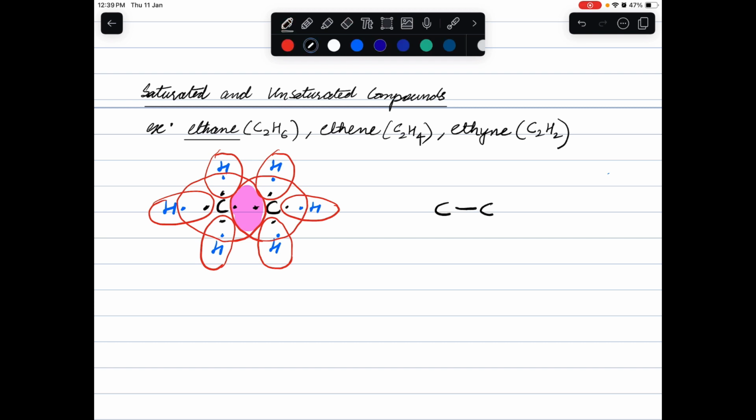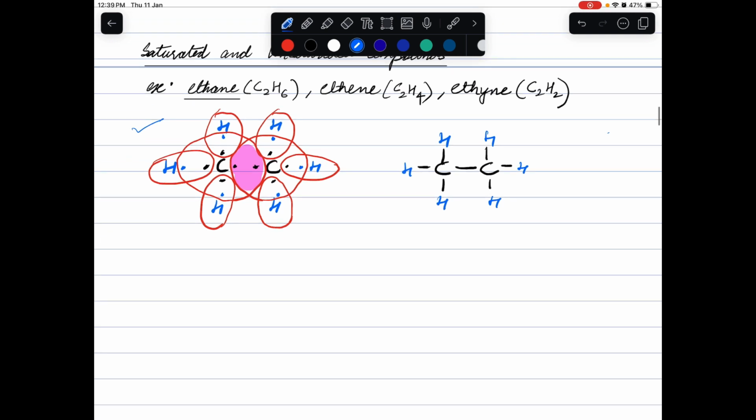Why carbon-carbon single bond? Because 1 pair of electrons is shared between 2 carbon atoms, and we are having a single bond between each carbon and the respective hydrogen atoms. So this is the ethane molecule, and this is the electron dot structure of the ethane molecule.